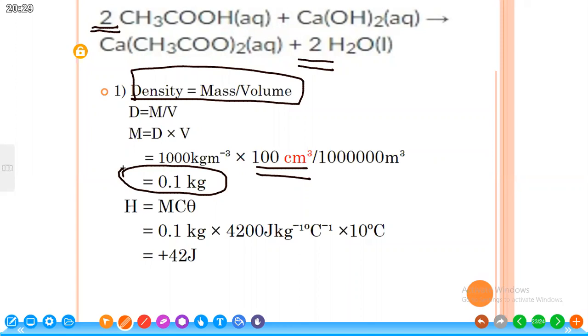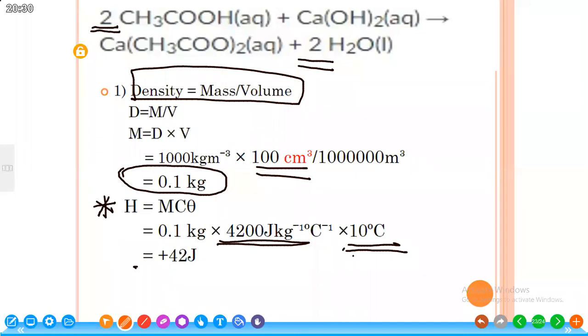So we apply another equation: H is equal to m c theta, with mass 0.1 kilogram, and the specific heat capacity of water is 4200 J kg^-1 K^-1. The change in temperature is the same in Kelvin or Celsius, so we apply 10 degrees Celsius.